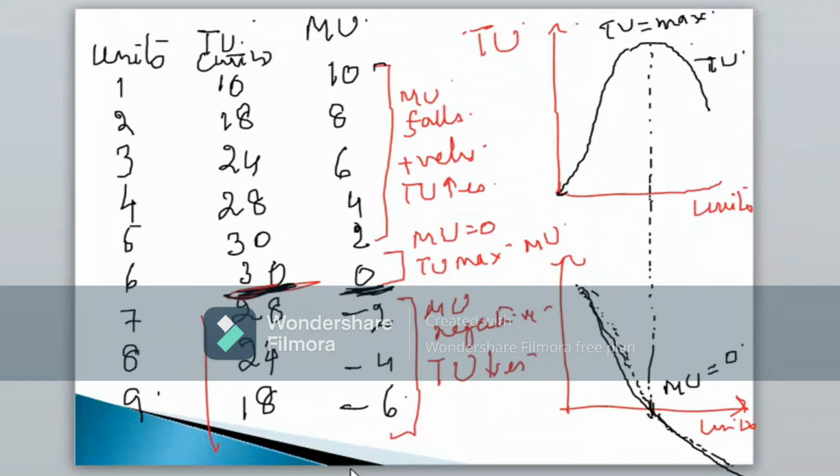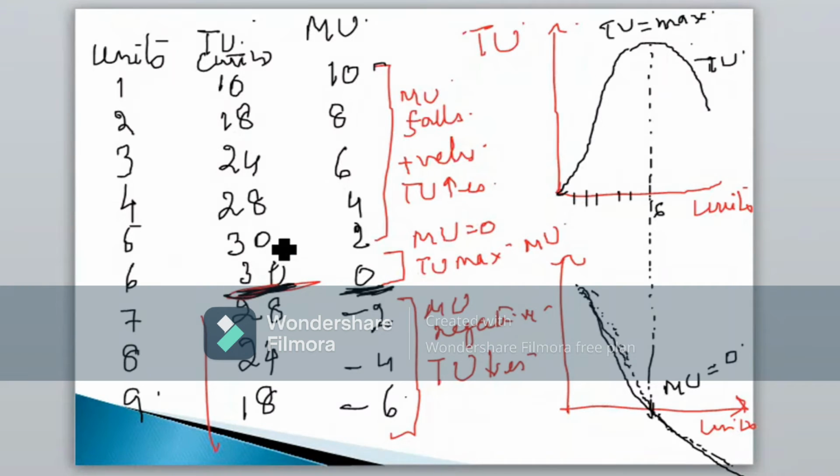Total utility, you can see it is increasing, increasing until 6 units. 1, 2, 3, 4, 5. This is 6. At 6 units, look, total utility is maximum.